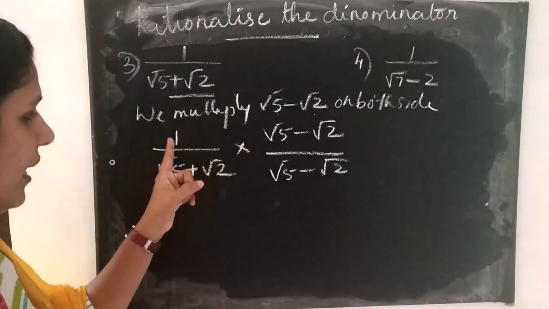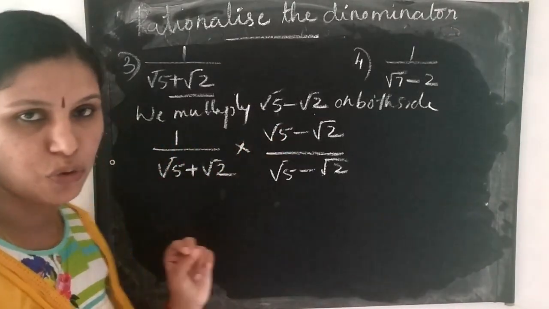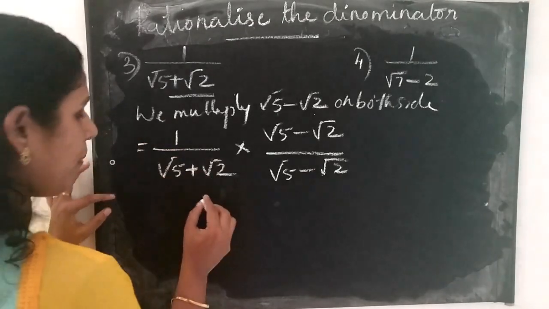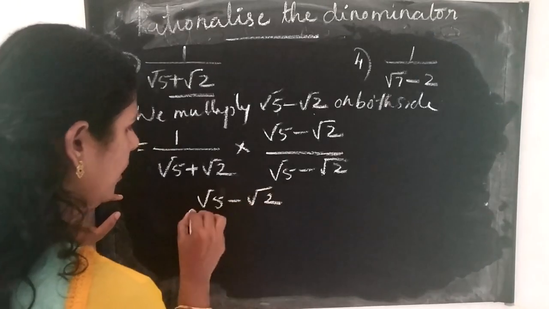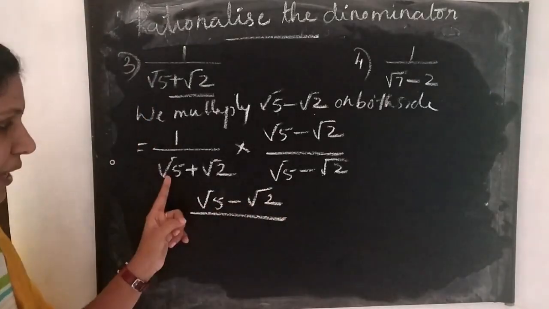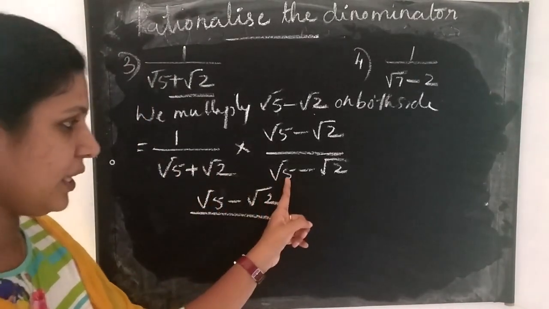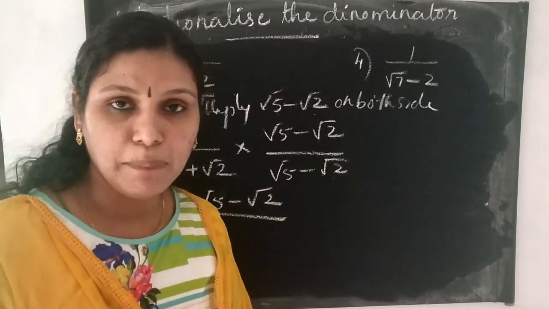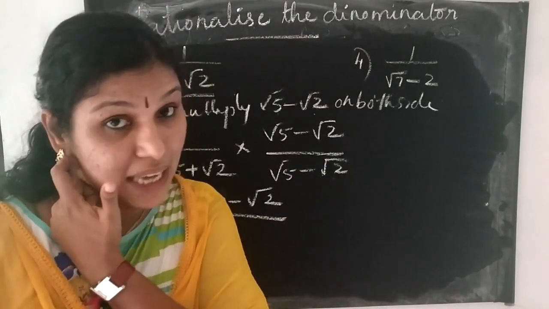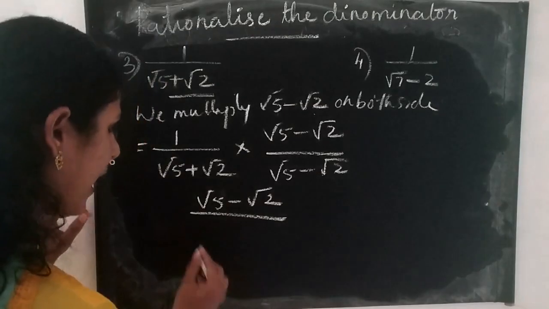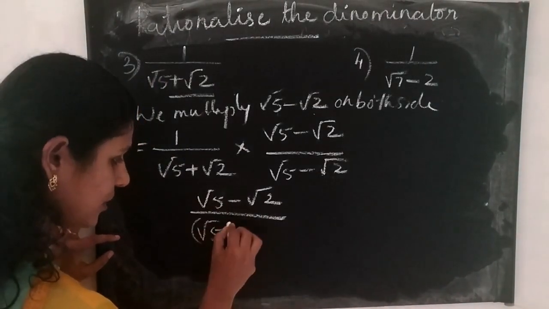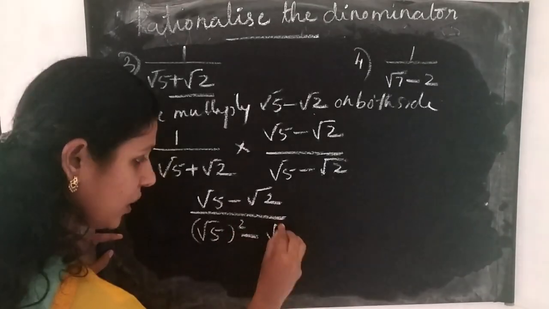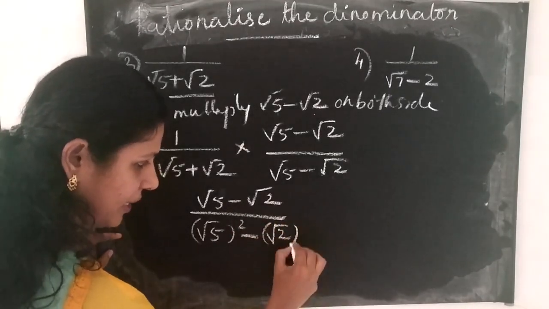Now the numerator contains 1 into root 5 minus root 2, which is root 5 minus root 2. Now the denominator is in the form of (a plus b)(a minus b). That is a square minus b square. So we write root 5 square minus root 2 square.